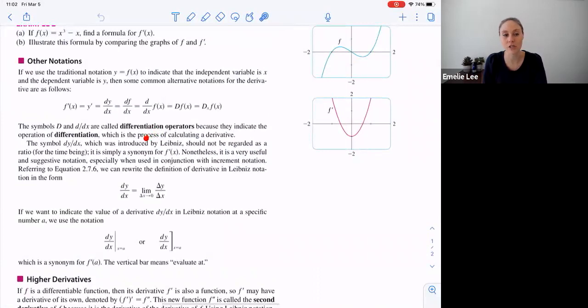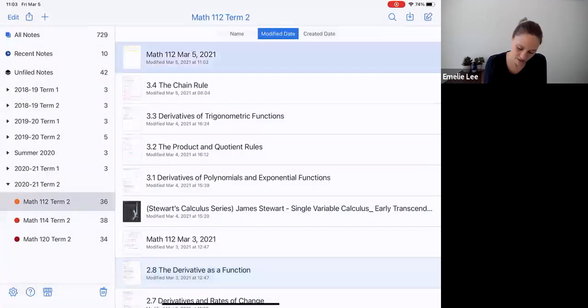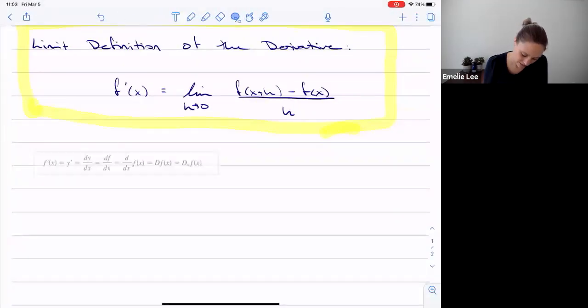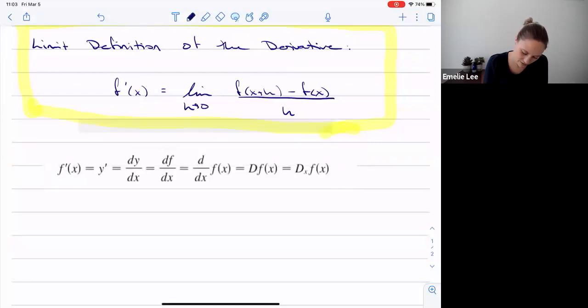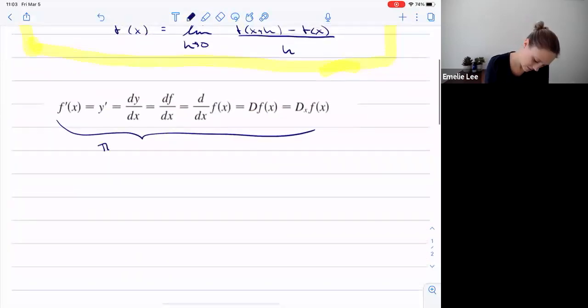And remember, differentiation is just taking the derivative. So those we use interchangeably, but also I want to just bring in this so that we can have it and notice that these all mean the same thing.